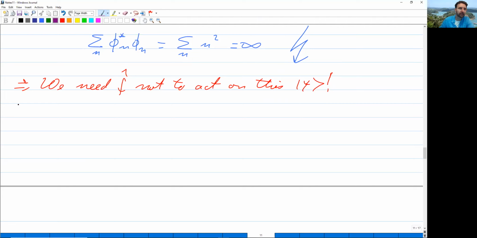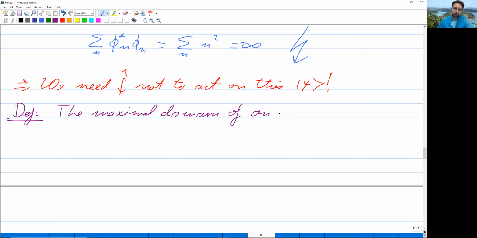What we have is the following. The maximal domain of an operator f hat, remember, operator just means linear map on the Hilbert space, is written D, for domain, with a little superscript f hat to indicate its domain.